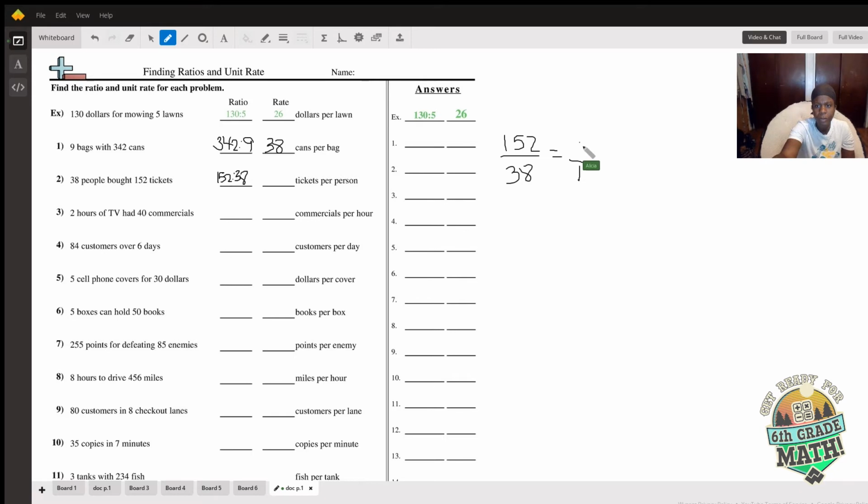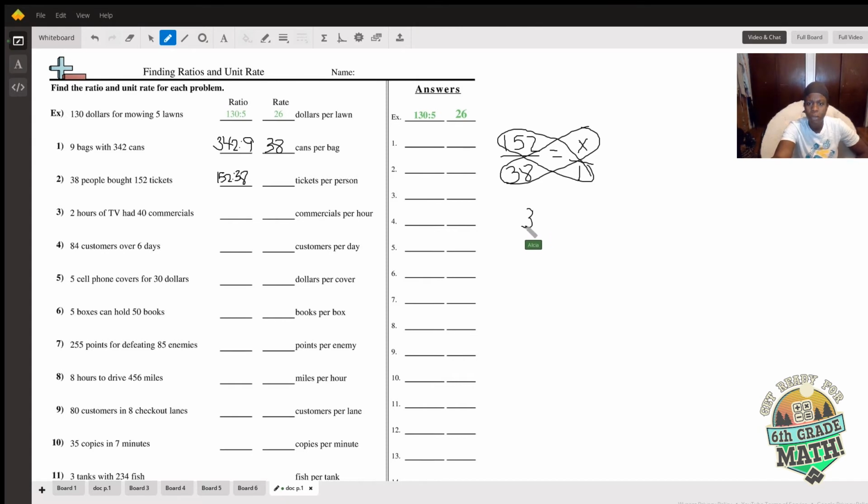That's the unit rate. So we put the x here, and we can cross multiply. So I'm showing you a different way to solve this problem. I did long division the first time, but now I'm using a little bit of algebra.